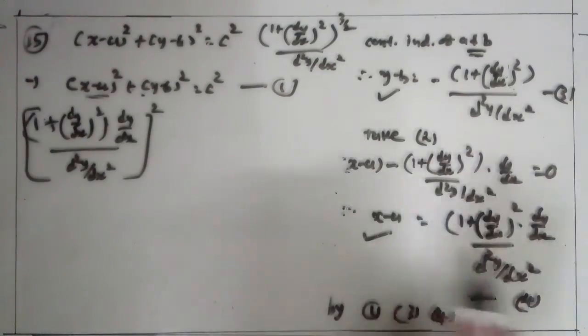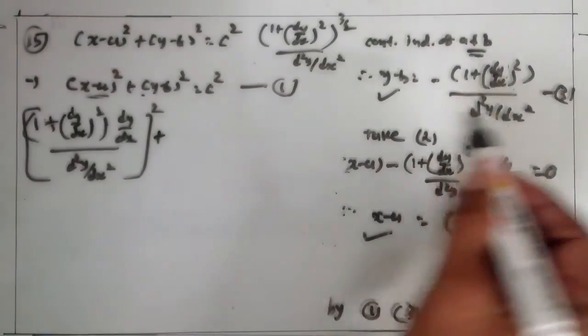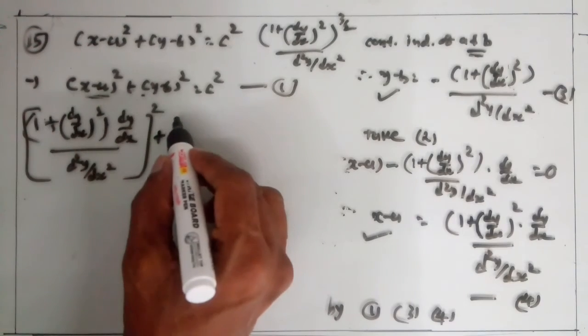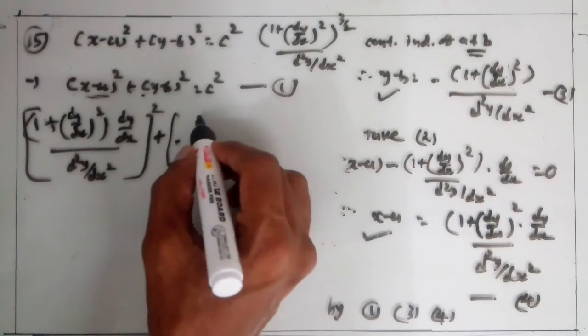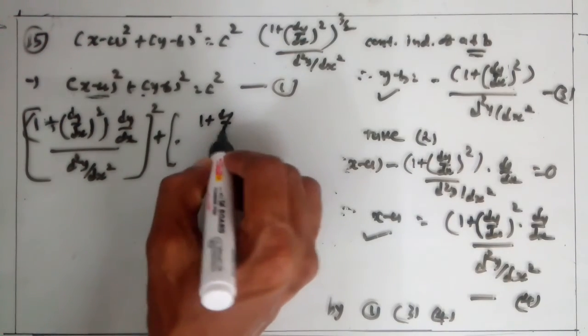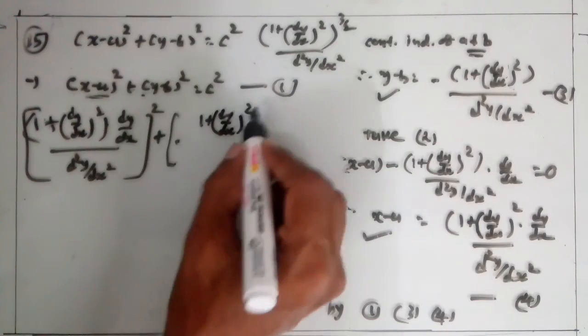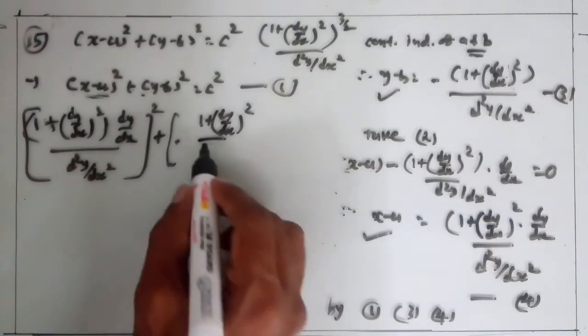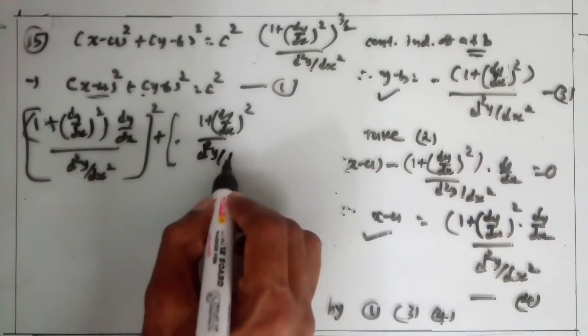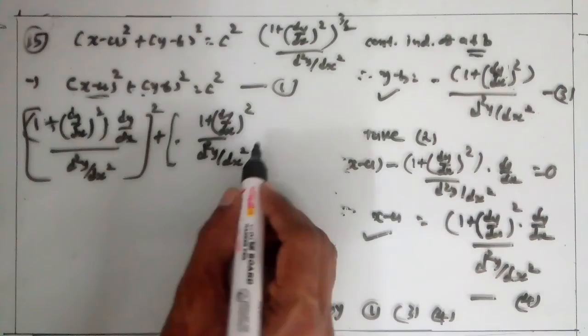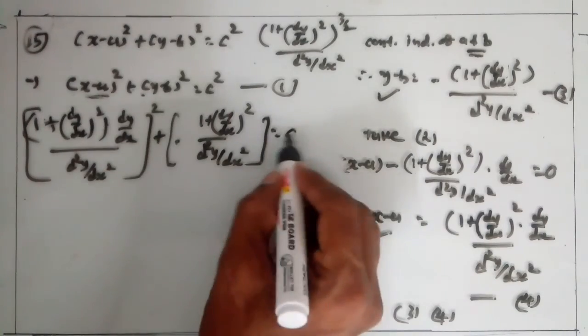Clear? Plus (y − b)² is equal to these terms, so [1 + (dy/dx)²] upon d²y/dx² squared is equal to c².